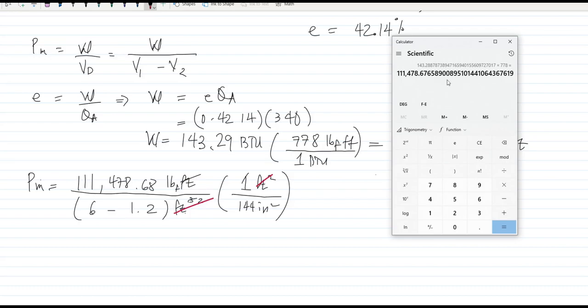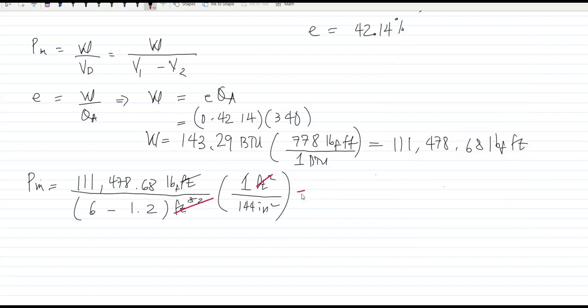So this value divided by 6 minus 1.2. So we have 23,000 and then divided by 144. So we have 161.28 psia. So that is your mean effective pressure.